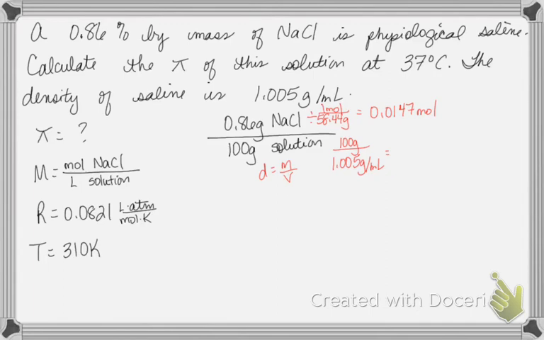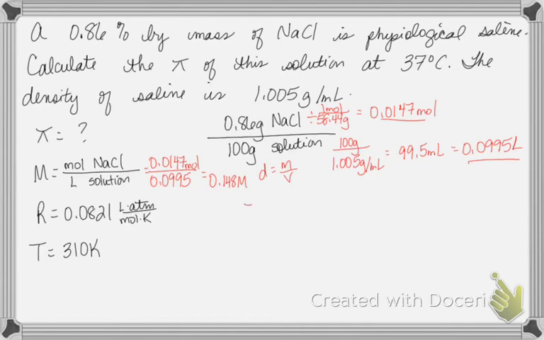That's going to give me 99.5 milliliters, which needs to be liters. Okay, so I'm going to take these two numbers, plug them into molarity. For the molarity, I get 0.148 molar. And now I'm ready to go to the osmotic pressure formula.